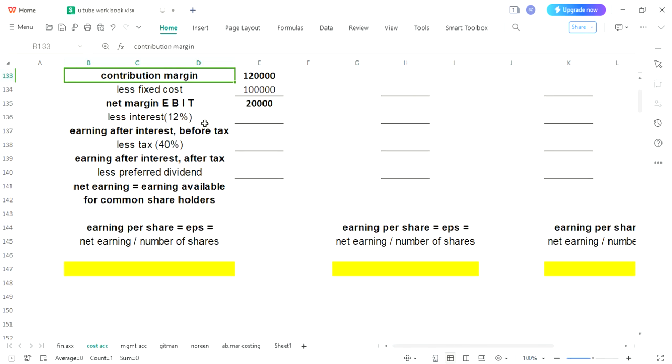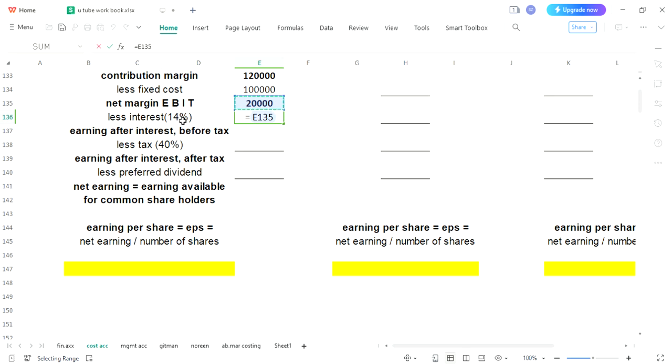So come over here and we need to change it to 14% according to the requirement of our question. To calculate interest we need the previous income, which is EBIT, and that income is 20,000, and we will calculate 14% multiplied by 14 divided by 100. We have got our interest.